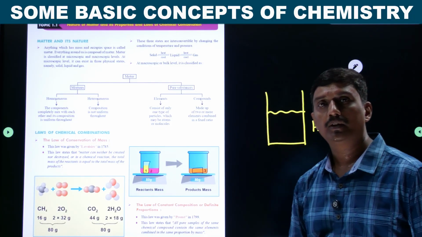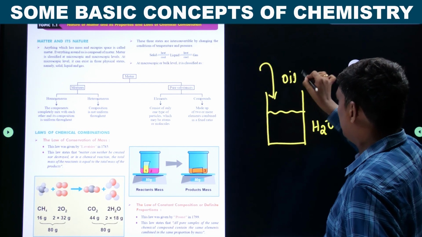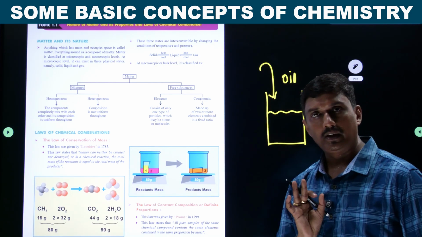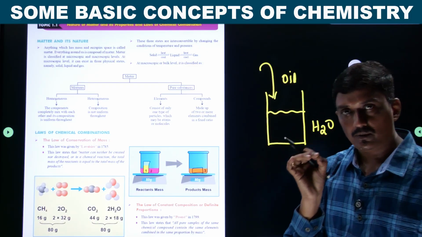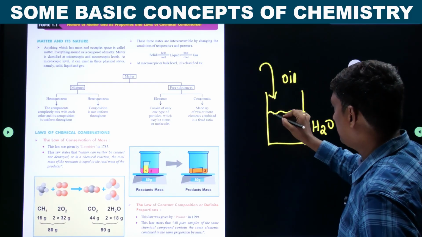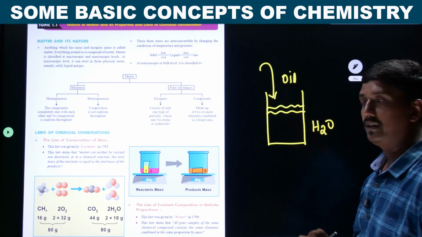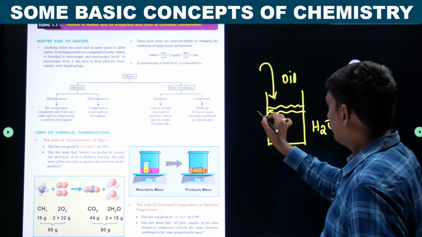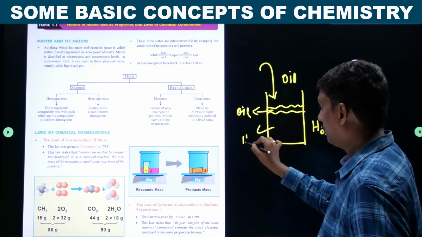To this, add oil, any oil you like. Just shake it. In spite of shaking or agitation, what happens? After a few minutes, you can find different layers. This is oil, this is water.